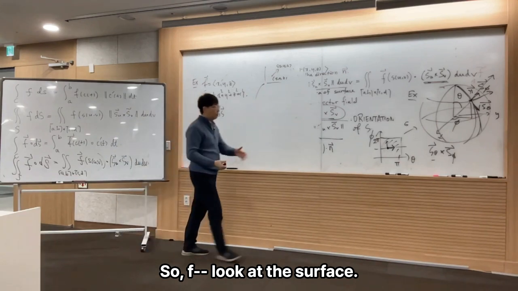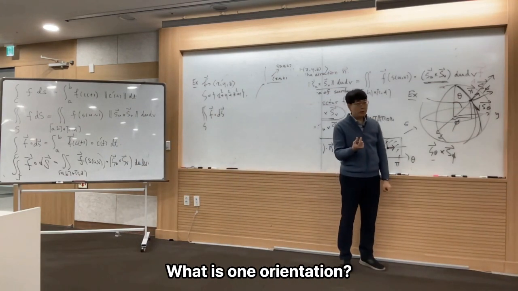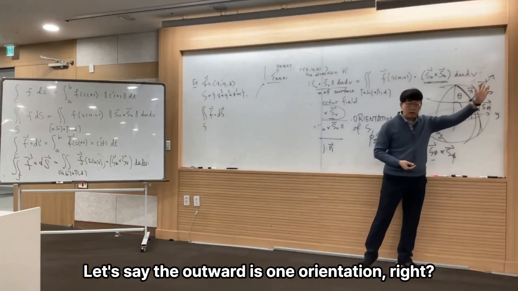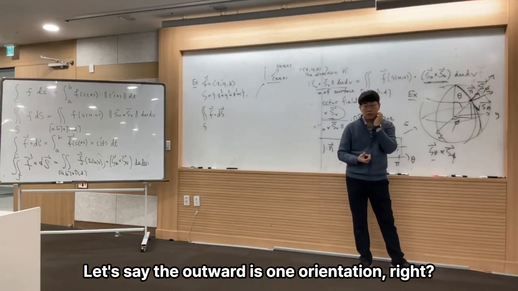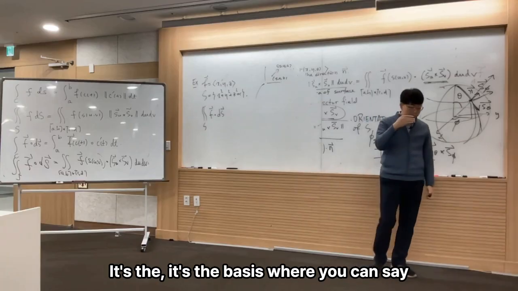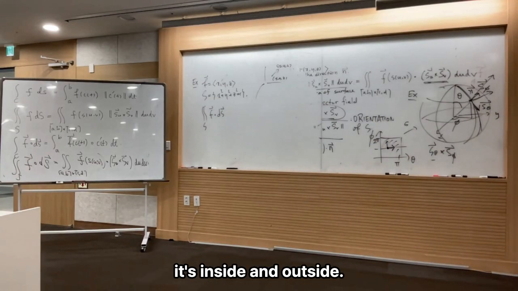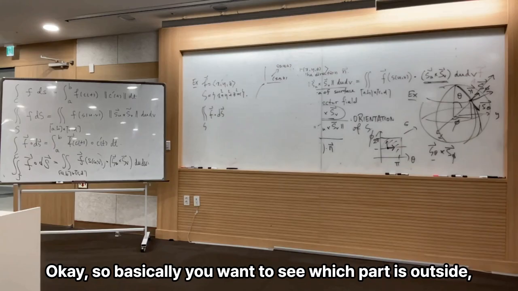So look at the surface. This is our surface, right? It's a sphere. What is one orientation? Let's say the outward is one orientation. The orientation is the basis on which you can say what is inside and what is outside.